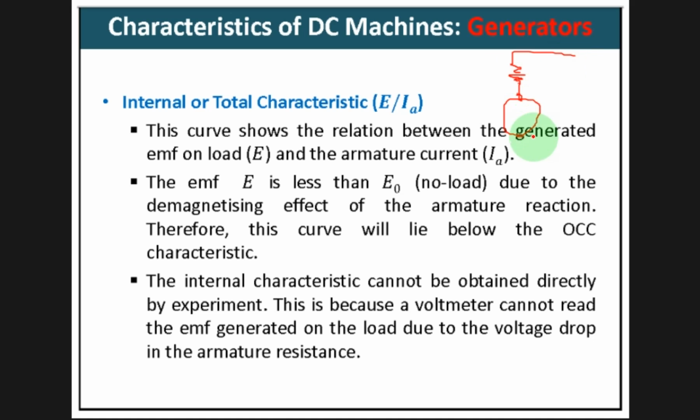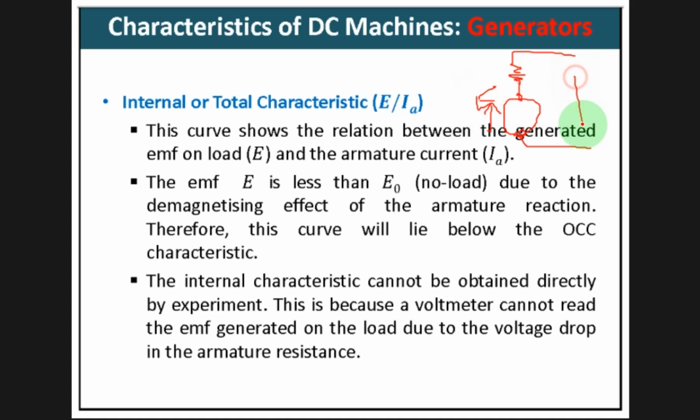And then only it goes out like this. So the voltage generated by the armature at certain load means this voltage. This is the voltage E, right?